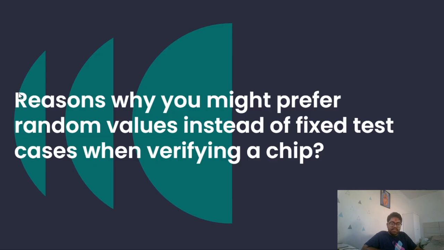Unlike fixed test vectors that may only cover expected sequential cases, randomization can cover corner cases and unexpected, unaccepted behaviors.